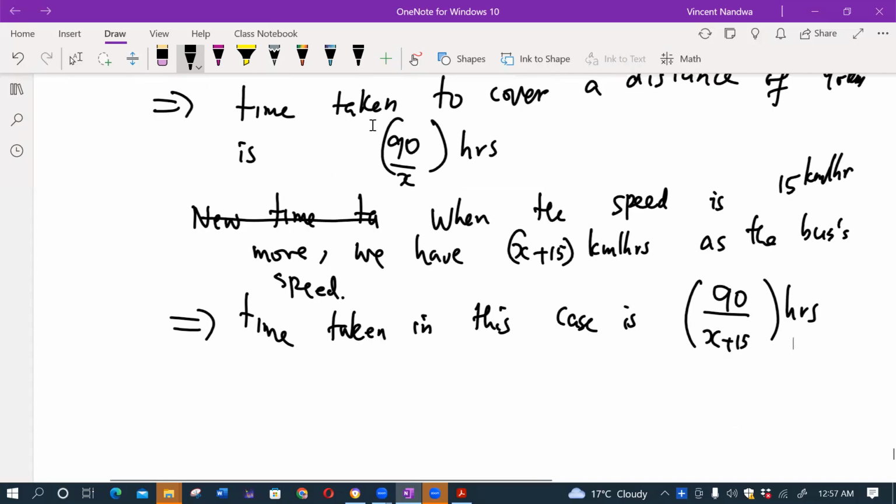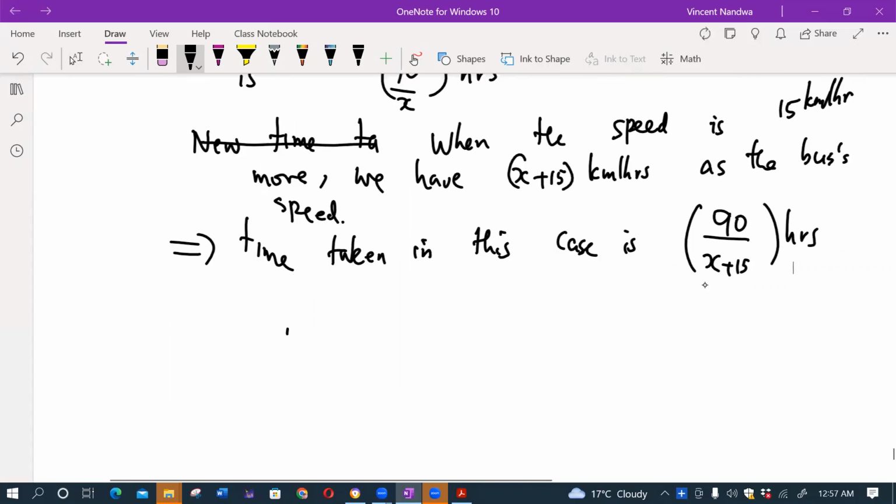And note that 90 over x is more than 90 over x plus 15. So 90 over x minus 90 over x plus 15 is what's giving us 30 minutes, which is the same as half an hour.